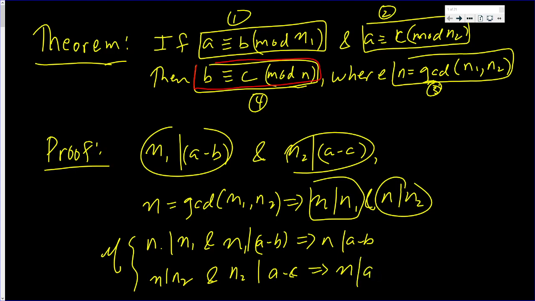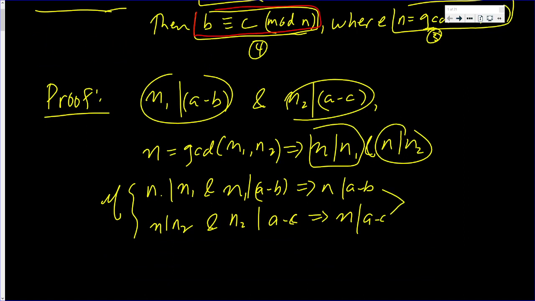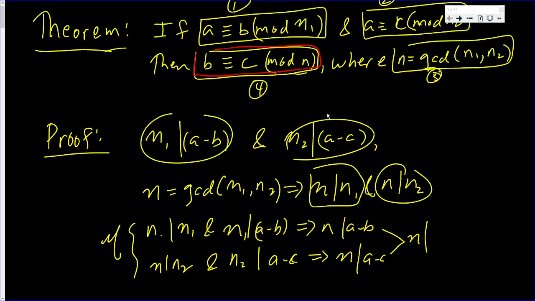So let me write A minus C. Okay, now this implies that N divides... Now I want the A's to cancel, because what I want to show is equivalent to N divides B minus C. That's what I want to show. So I'm going to say N divides this minus that.